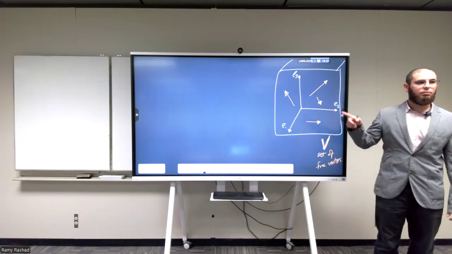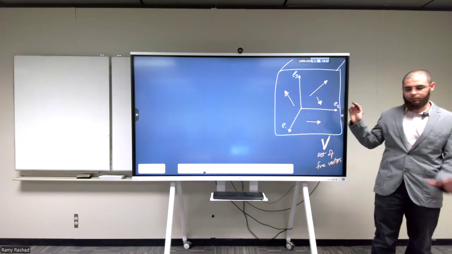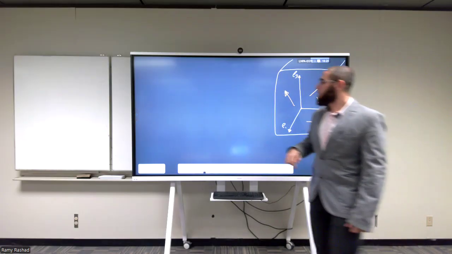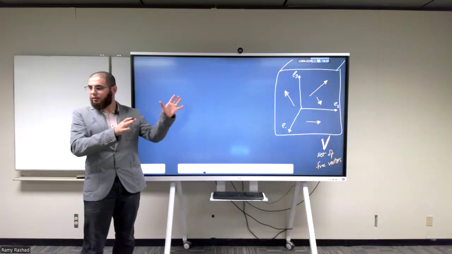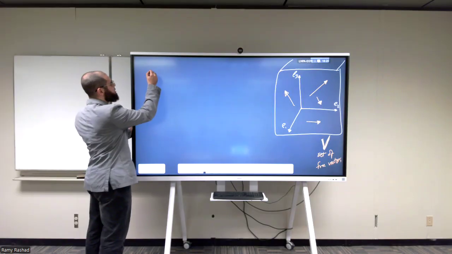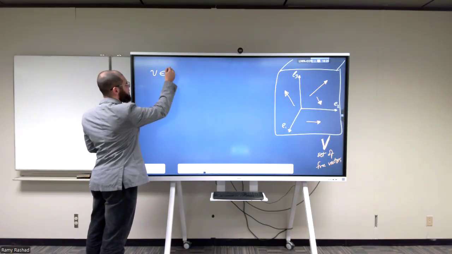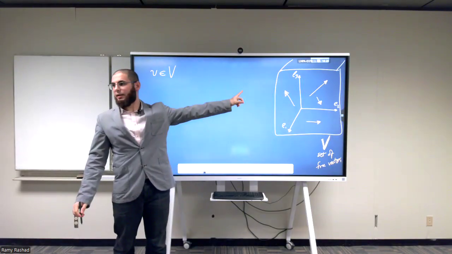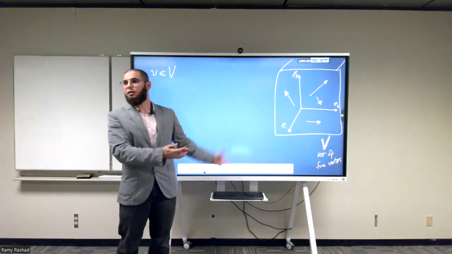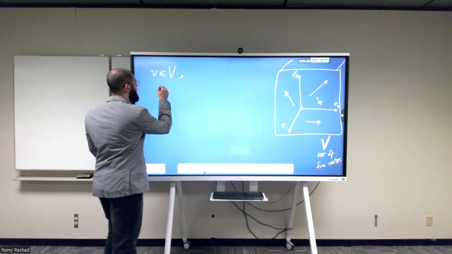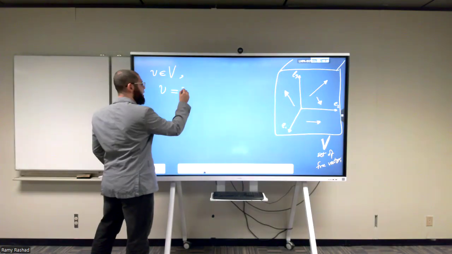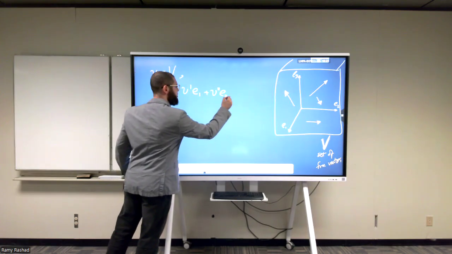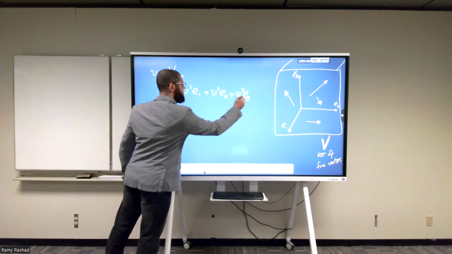Forget about what dimension is, but for these three, this collection, you can show intuitively, in the same way that we're doing right now, that any vector in the vector space V, any one of the yellow vectors in this space V, I can write as some number multiplied by E1, plus some number multiplied by E2, plus some number multiplied by E3.